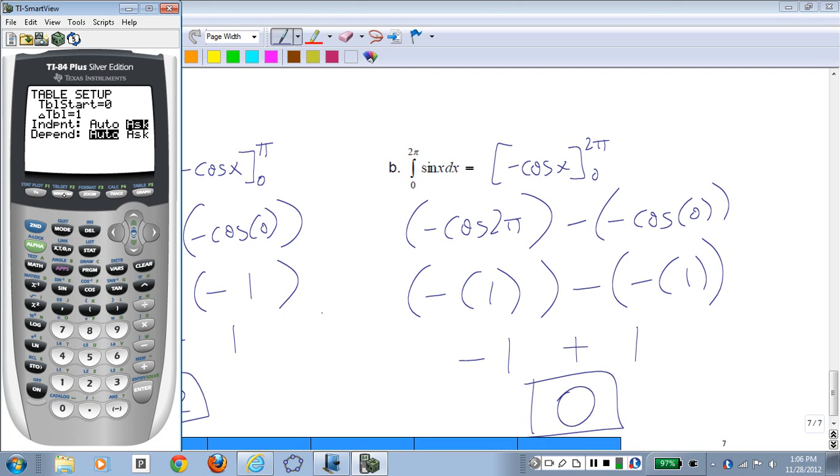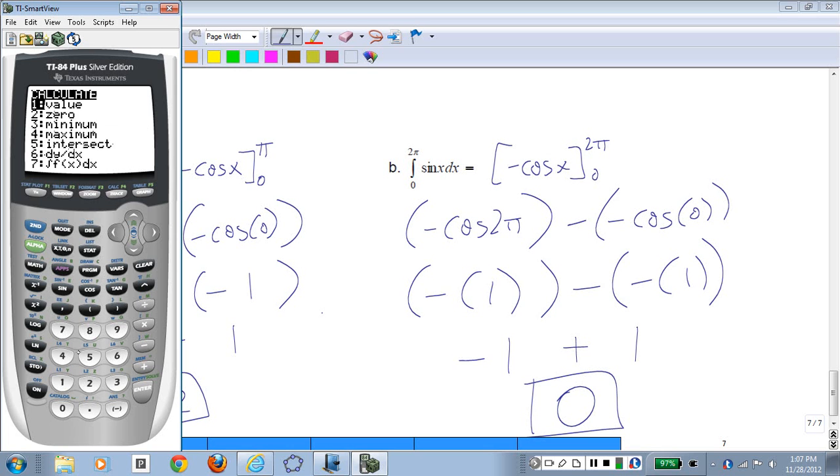If I go to the window, yeah, 6.15 is a little less than 2 pi, so it's outside of the window range. If I go 6.3? 6.28522856, that should work. So a little bit more than 2 pi there.